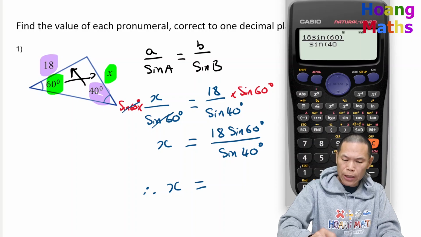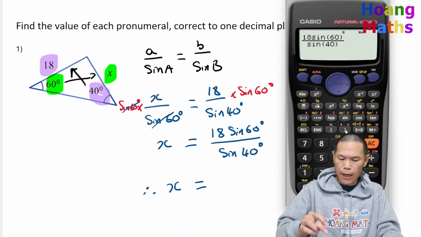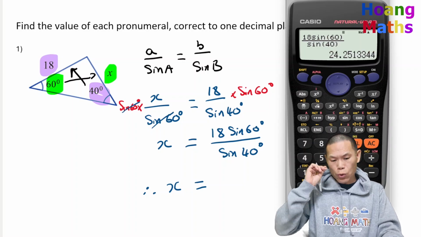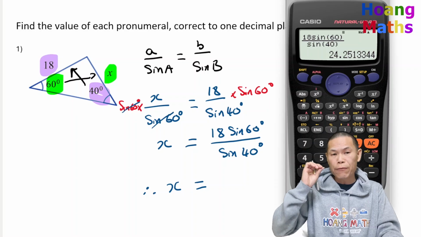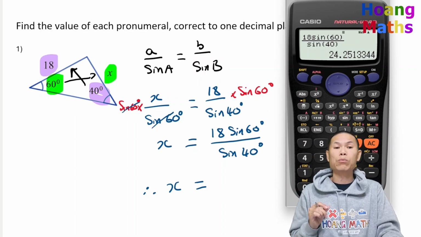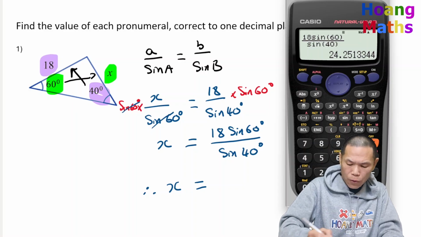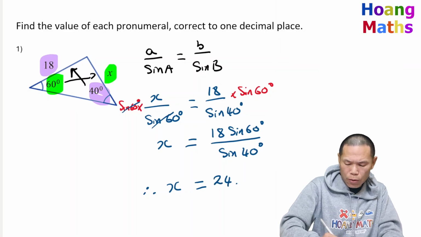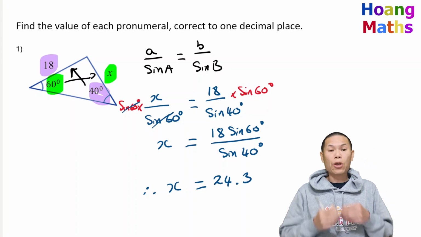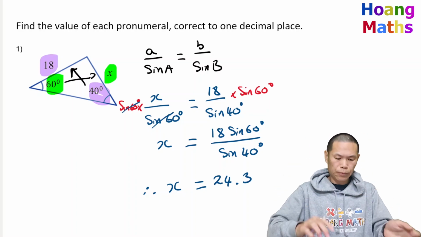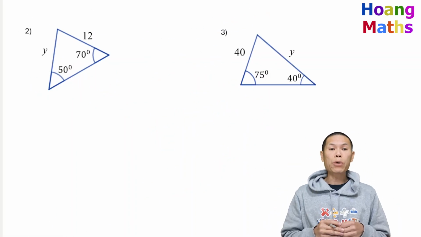And don't forget to close the bracket, okay? That will give me 24.25 and so on. So correct to one decimal place, 24.3. So therefore, x is 24.3. There you go.